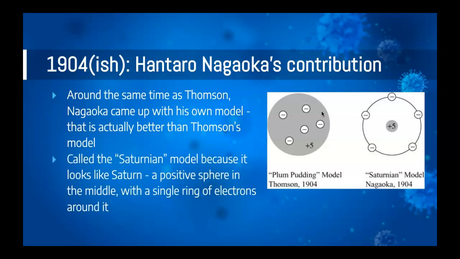It's called the Saturnian model because it looks like the planet Saturn, with a positive sphere in the middle and a ring of electrons going around it. That turns out to be a little bit closer to reality than Thomson's plum pudding model, but because Thomson came up with this idea of the electrons, he's more recognized for this next step.